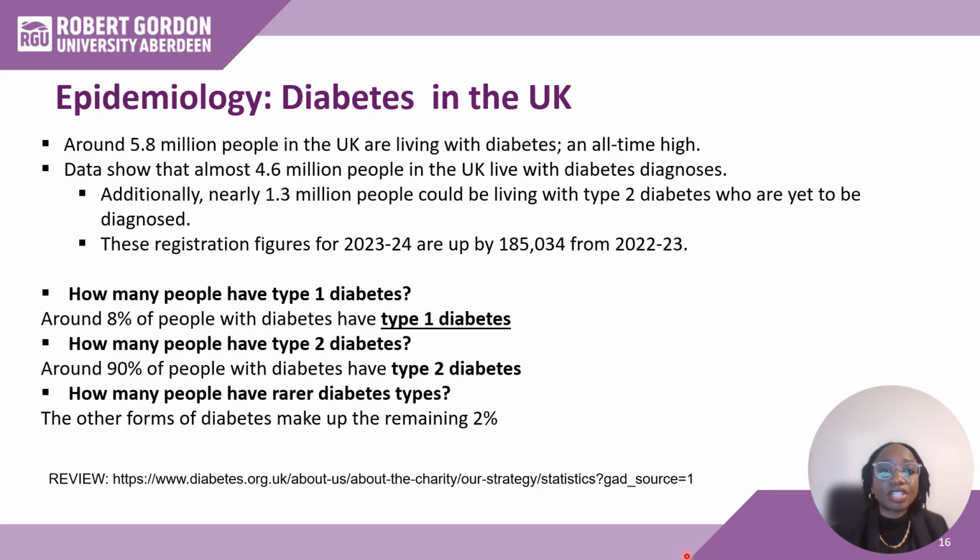The figures have risen by 100,000 people from 2022-23 to 2023-24. If we break it down, 8% have type 1 diabetes, over 90% have type 2 diabetes, and the remaining around 2% have the rare types of diabetes.